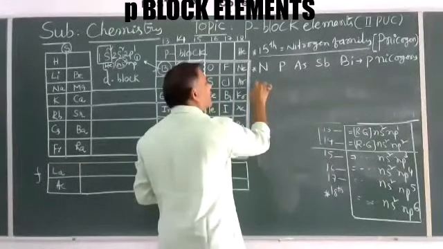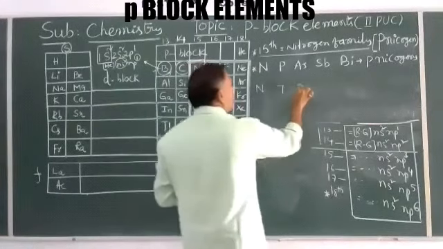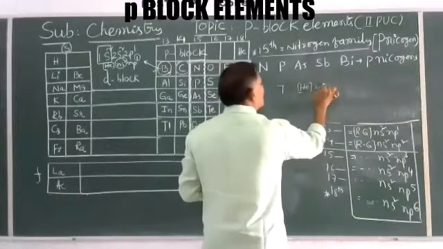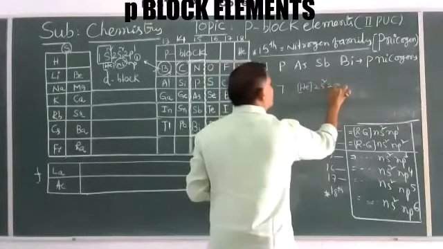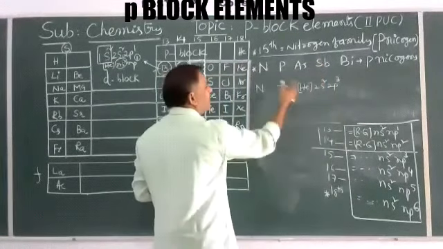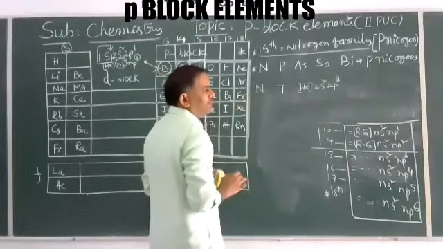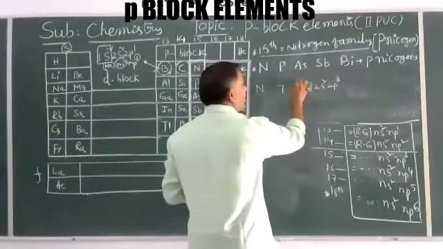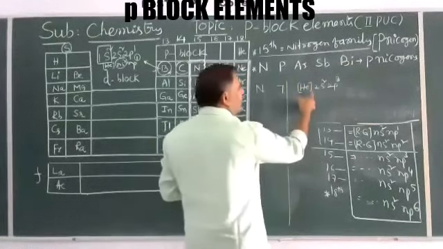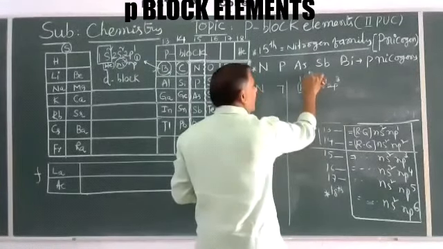The first element is nitrogen, atomic number 7. Its electronic configuration is helium 2s2 2p3. For this helium, we can write 1s2.